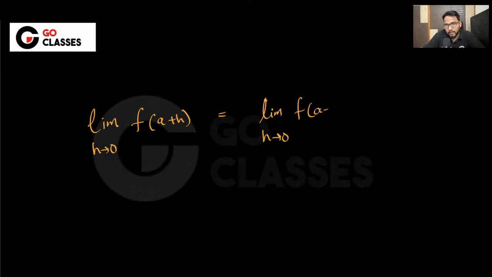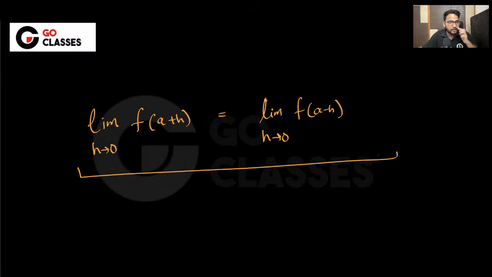Let's suppose I ask you the limit of f as x tends to a. This is the limit at a. You can say this is the same as the limit as h tends to 0 of f(a minus h), which is the same as the limit at x equal to a.